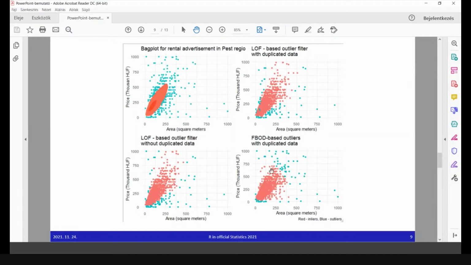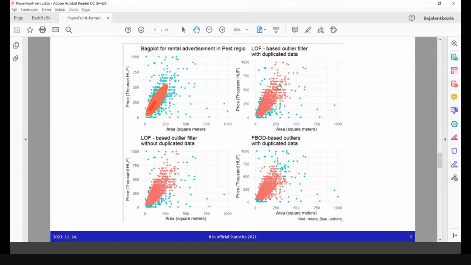First of all, this FBOD is very similar to this bagplot. Obviously there are more observations here marked as inliers, but it marks these observations as outliers. So in essence, it will really get this feeling of core observations.